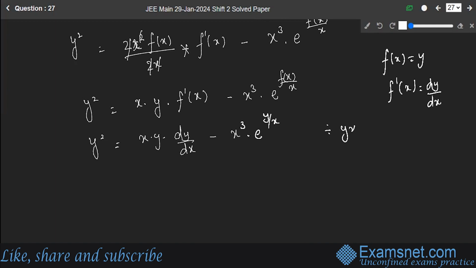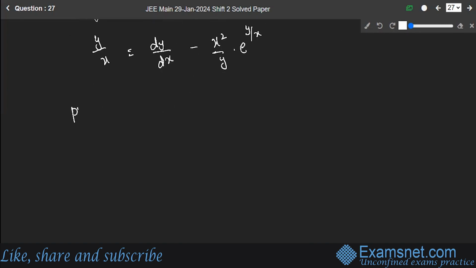Divide both sides by yx. So I'll divide both sides by yx. This will be y upon x is equal to dy by dx upon, this will be x square upon y into e power y minus x, right? Now I'll put y upon x is equal to v.